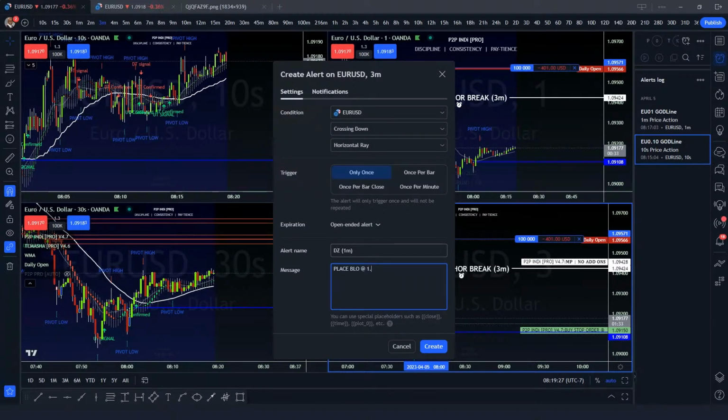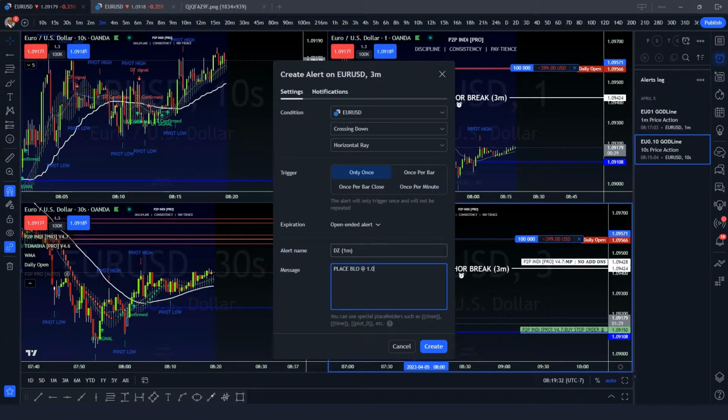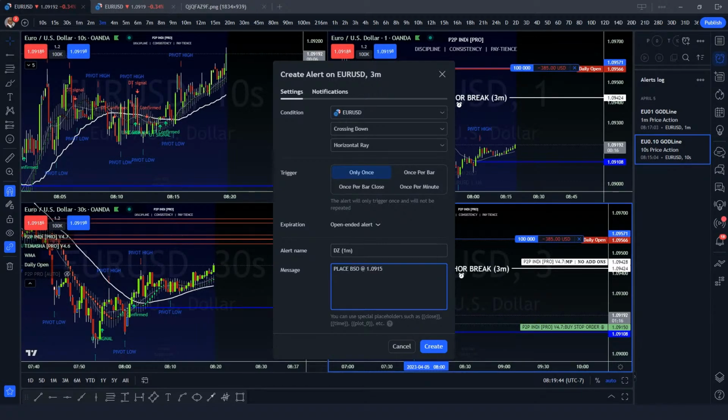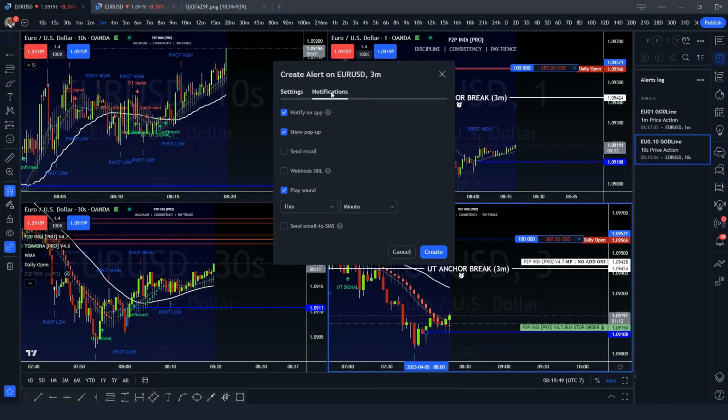So if that thing goes off, we'll do a buy stop order at 1091.5. We'll do that. Or we'll just do a market order. It just depends. So right now I'm looking at a buy stop order. Then is that all I need? Yes.